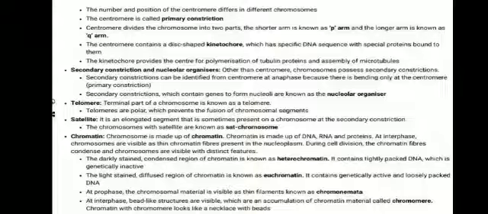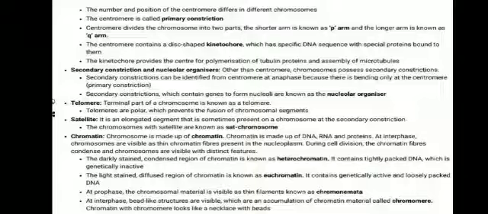The centromere contains a disc-shaped kinetochore which has specific DNA sequences with special proteins bound to them. The kinetochore provides a center for polymerization of tubulin proteins and assembly of the microtubules. Next is the secondary constriction and the nuclear organizers.